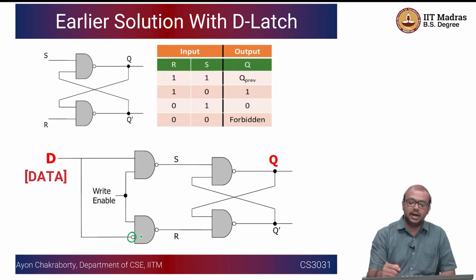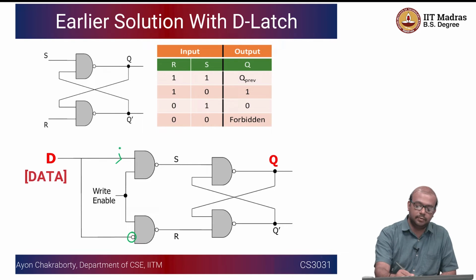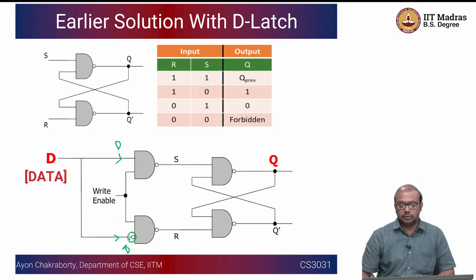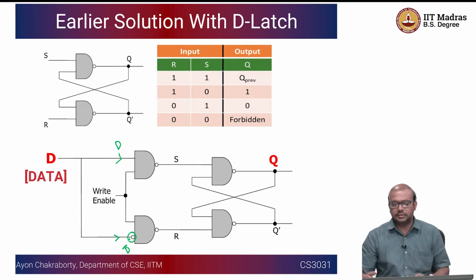So in the first NAND, if we supply a value of D, we give an input of D bar. In that case, the 0-0 state could be avoided, and the SR latch will now function reliably. It is not going to go into a forbidden state.